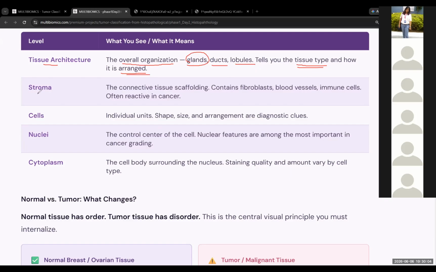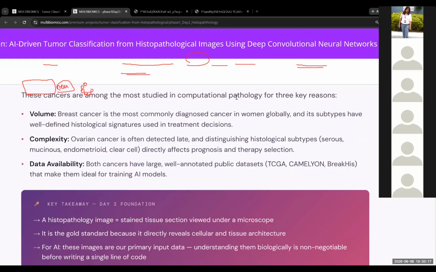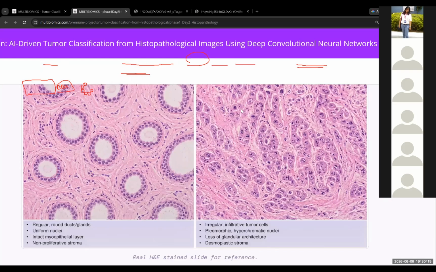Then in biology, there's something known as stroma. Stroma is the nearby surrounding. If you see a gland over here, now if I want to show you stroma over here, yeah, you see. So these are the glands, and these are the normal cells.